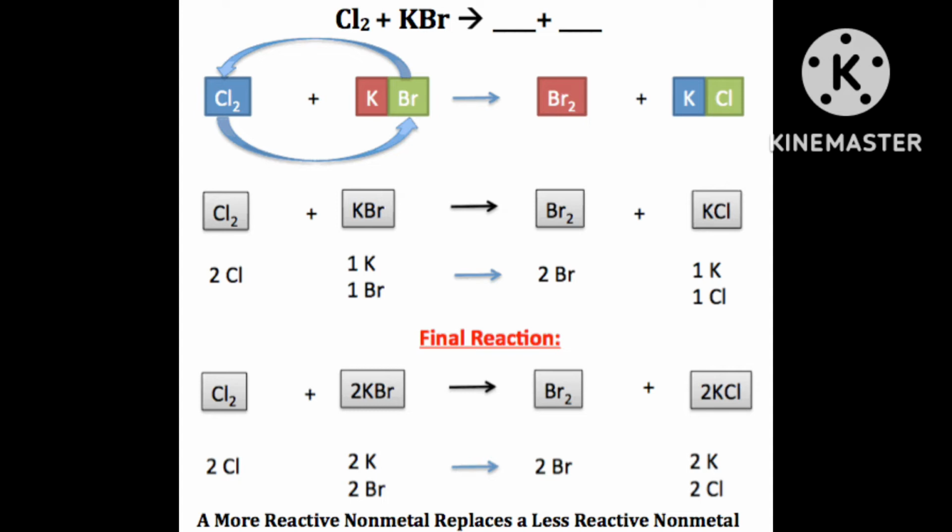Bromine is actually a liquid, existing as Br2, and its oxidation state is 0 because it is in the elemental state. This question is also asked. So Cl2 plus 2KBr gives 2KCl plus Br2.